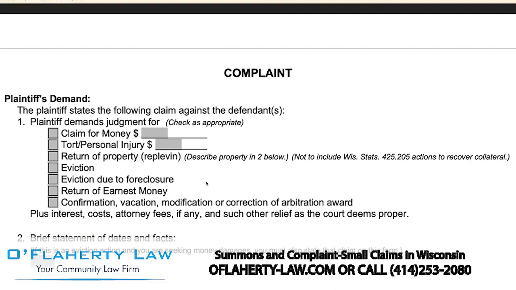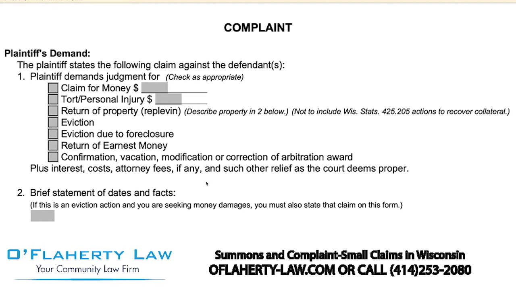Once you have your summons good to go, you move to the complaint portion. And the state of Wisconsin has really tried to streamline the process for getting these complaints in and heard and out again. So it's really important for you to provide the court with as much independent information as you can when you are doing one of these complaints.